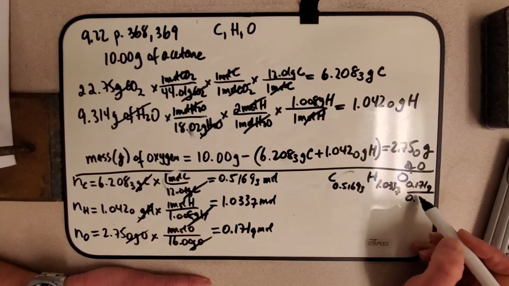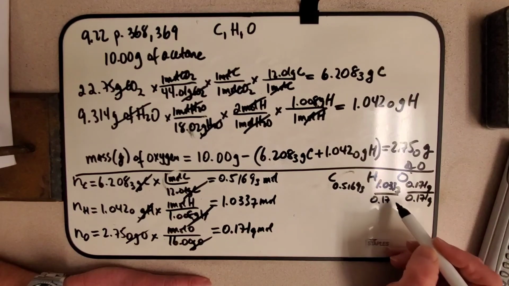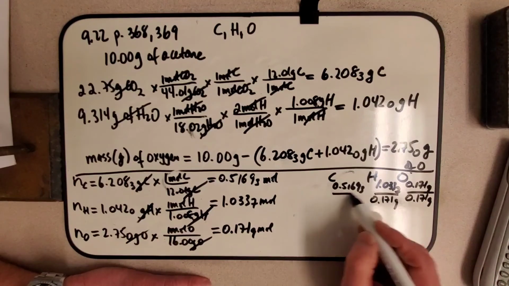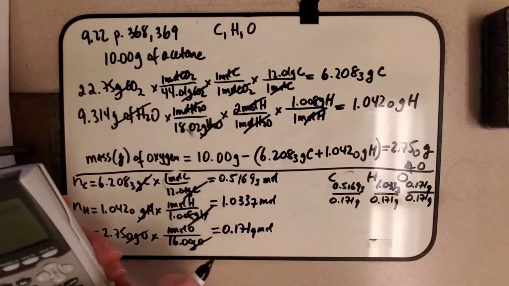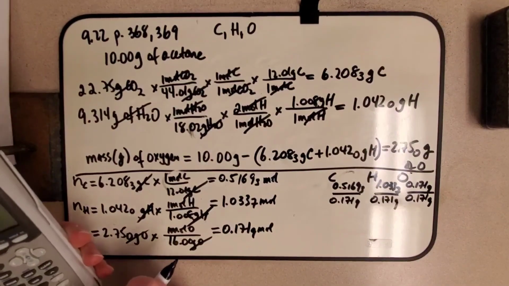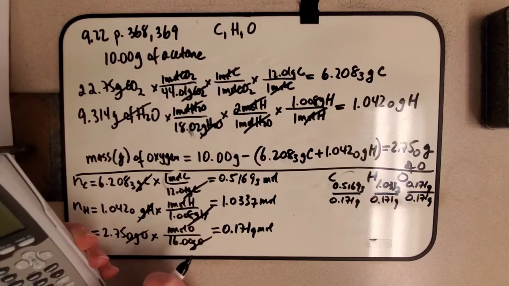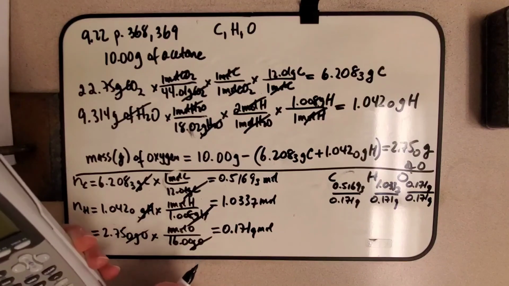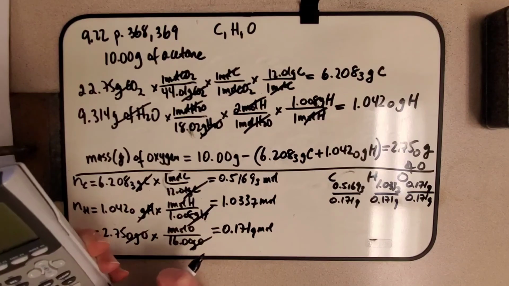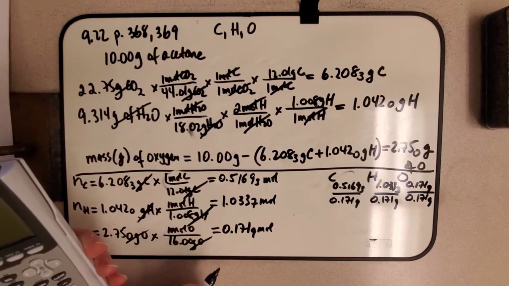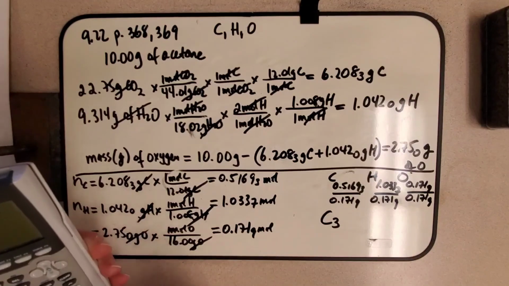I'm going to divide all of them by that number, 0.1719. All right, let's do it now. 0.51693 divided by 0.1719. All right, let's see. That gives me C3. That looks very good.